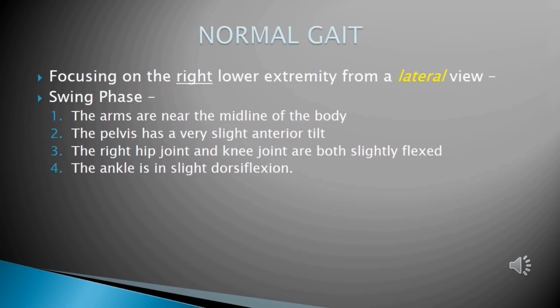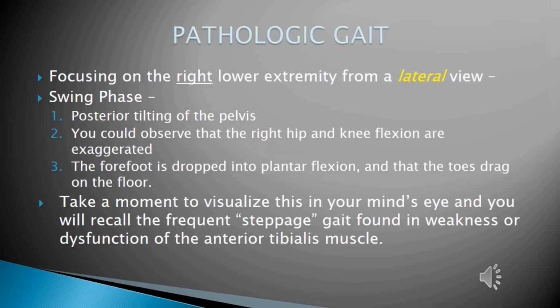And then in order for the foot and ankle to further clear the ground, the ankle has to be in slight dorsiflexion. Now, some pathologic findings would include posterior tilting of the pelvis.